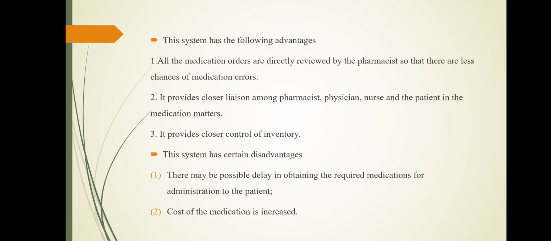Next, it has certain advantages and disadvantages. The advantages are as follows. The medication orders in this system are directly reviewed by the pharmacist. Because of this, medication errors are reduced, and it also provides a close liaison among the physician, the pharmacist, the nurse and the patient in the matter of medication, and it gives a closer look at the control of inventory.